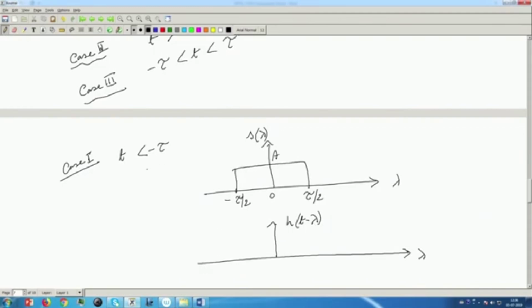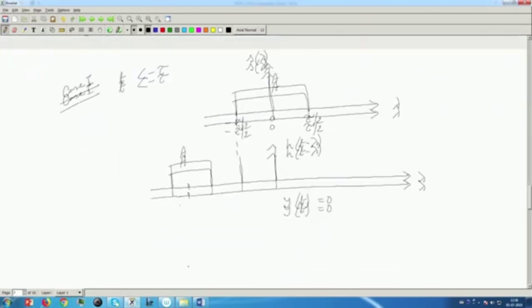Since t is less than this, I have something here, roughly at minus tau by 2. So, if I multiply, y(t) will be 0 here. So, case 1 does not give me anything.